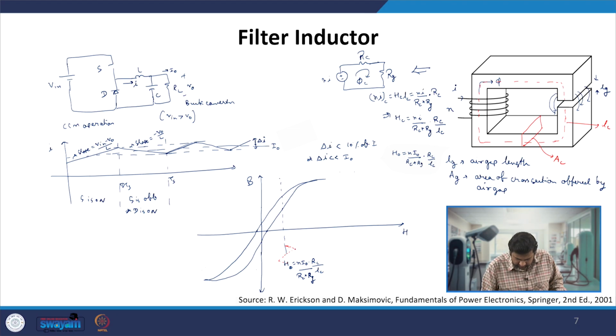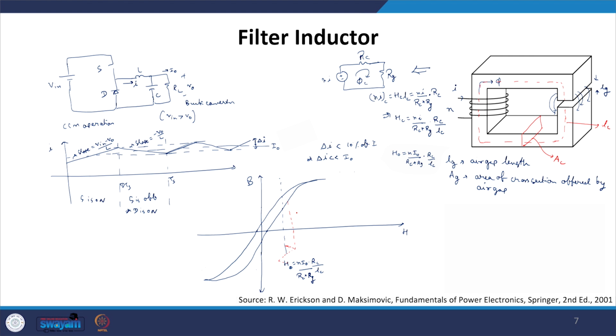If we draw our ripple in this manner, and on this side the ripple is drawn this way, then we can see our curve going to the top and going to the bottom.